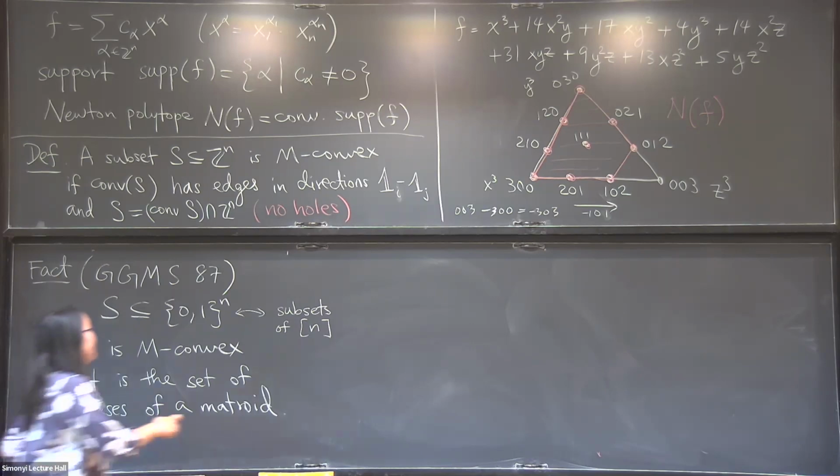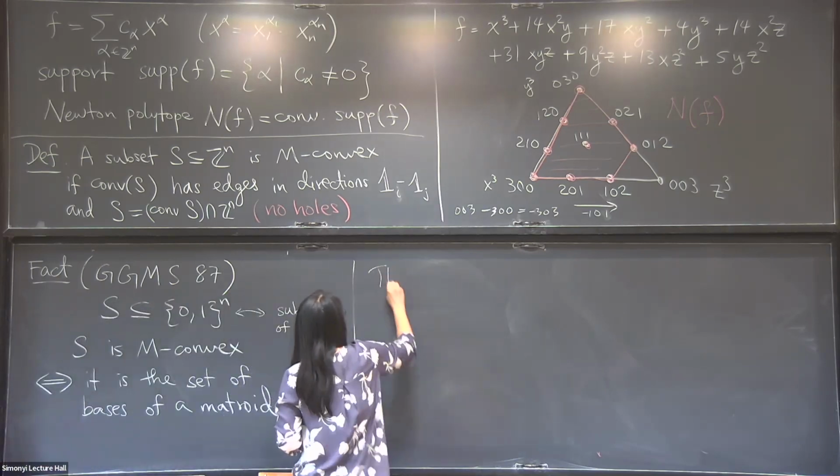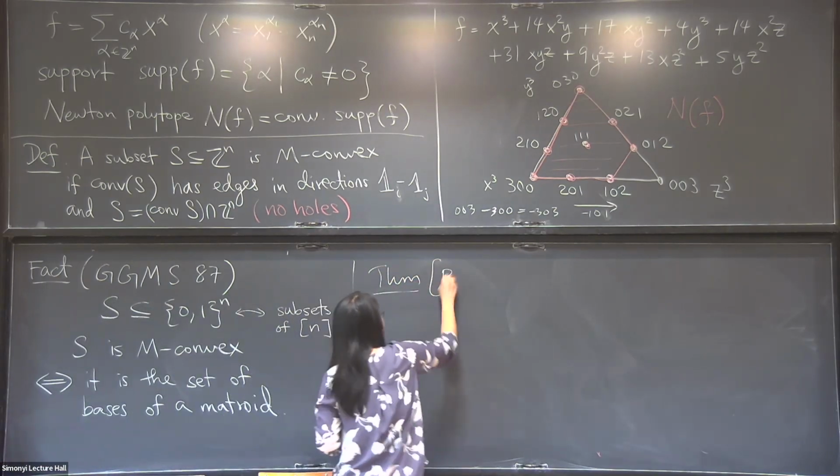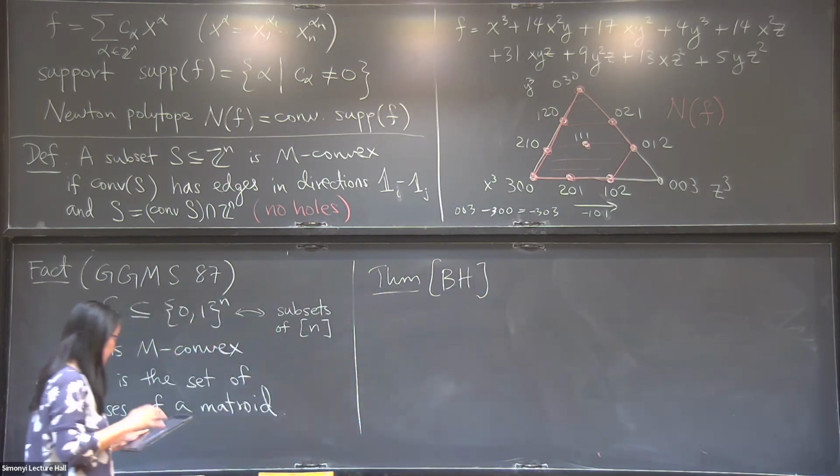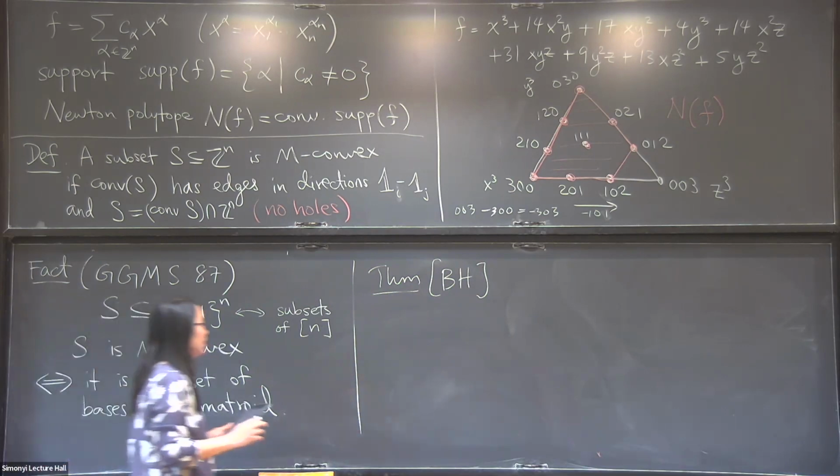Now let me give you the theorem of Brändén and Huh. Remember, our goal is to have a finite check for Lorentzianness.